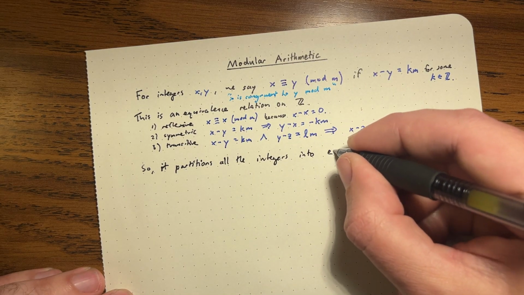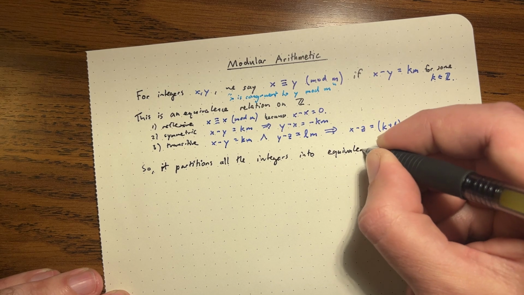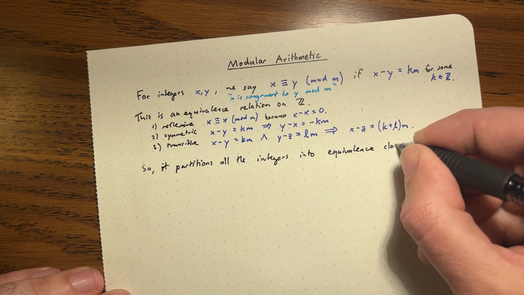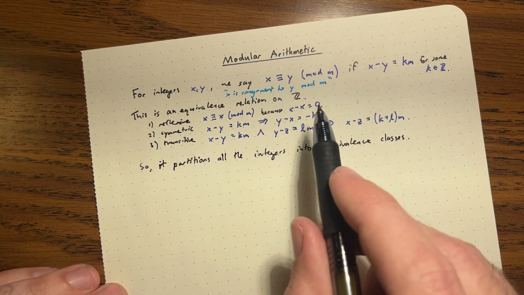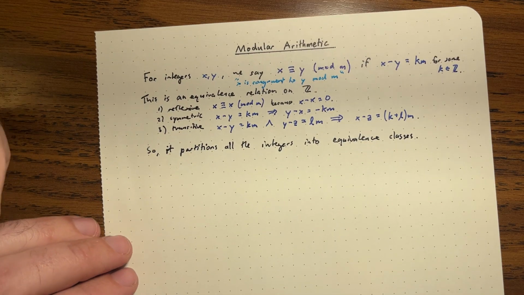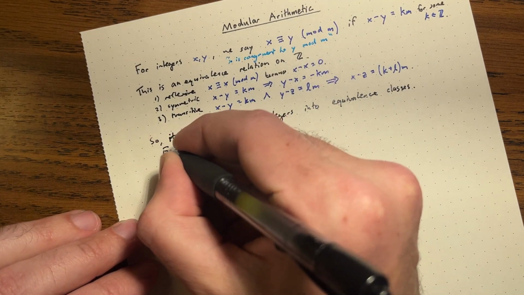Let's take a look at those equivalence classes. Remember, an equivalence class is just the set of, in this case, all the integers that are congruent to a given one.